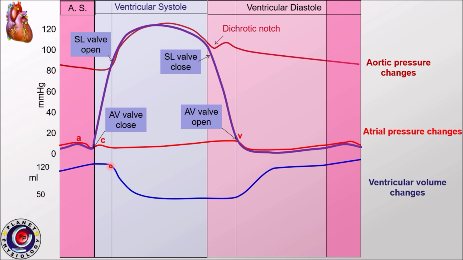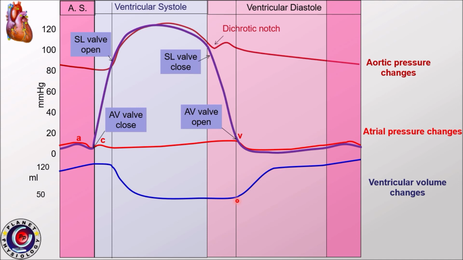During the ventricular ejection phase, as blood is pumped out, the ventricular volume will fall, and this fall in the ventricular volume is rapid in the beginning during the rapid ejection phase, and later it is slow. Then during protodiastole as well as during the isovolumetric relaxation phase, again there is no change in the ventricular volume, and at this point the ventricular volume is minimum, that is 50 ml.